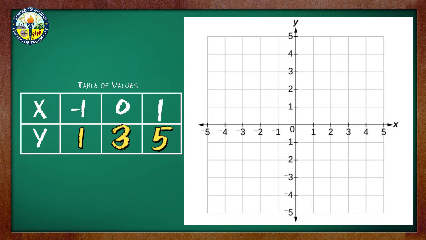So, for the first point, we have x is 1 and y is 5. The point is here. Then the second point is x is 0 and y is 3. Here. The last point is here. x is negative 1, y is 1. We got 3 points.